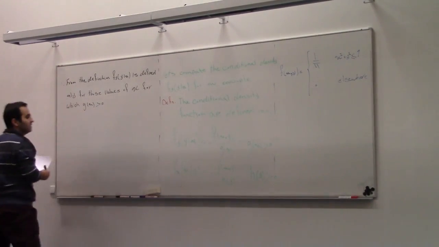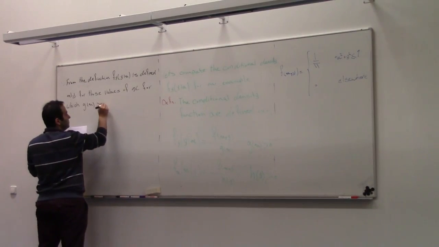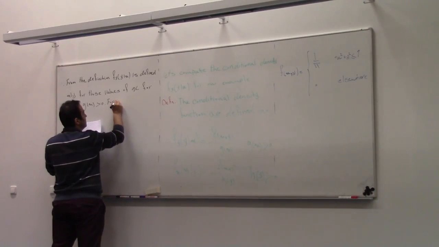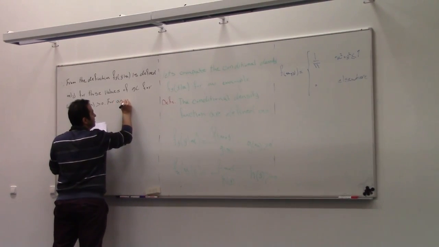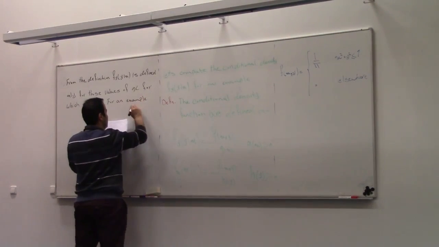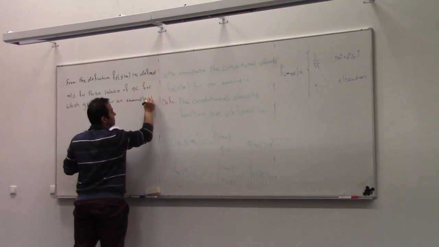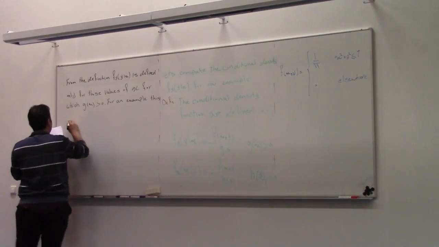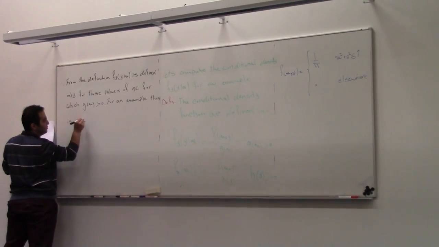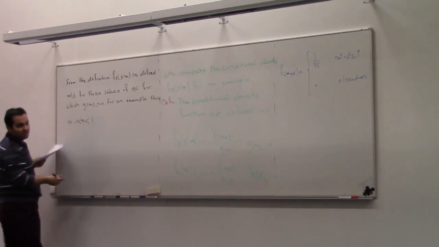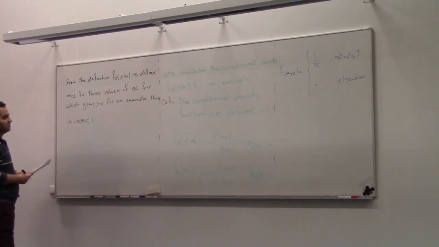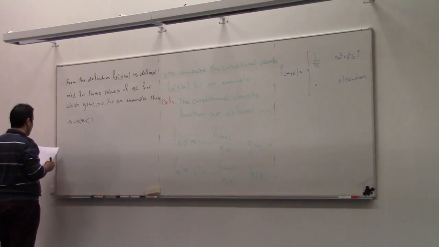For example, this is x between -1 and 1. You remember that when we found the Jx, it was greater than 0.